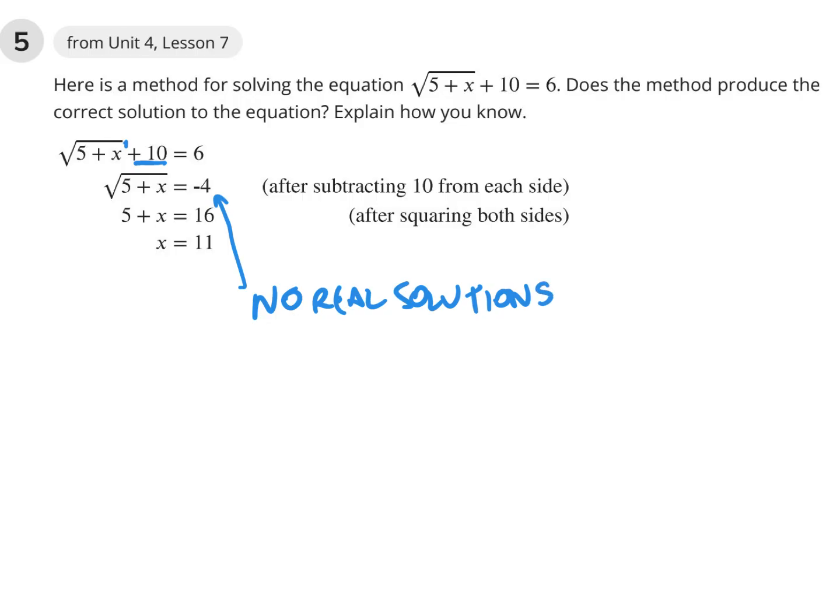It will be an imaginary number, which is a complex solution, and they did not account for that here. But anyway, the least you could do is stick 11 back into the original problem. 5 plus 11 is 16. The square root of 16 is 4. 4 plus 10 is not 6. So that did not work on either occasion.